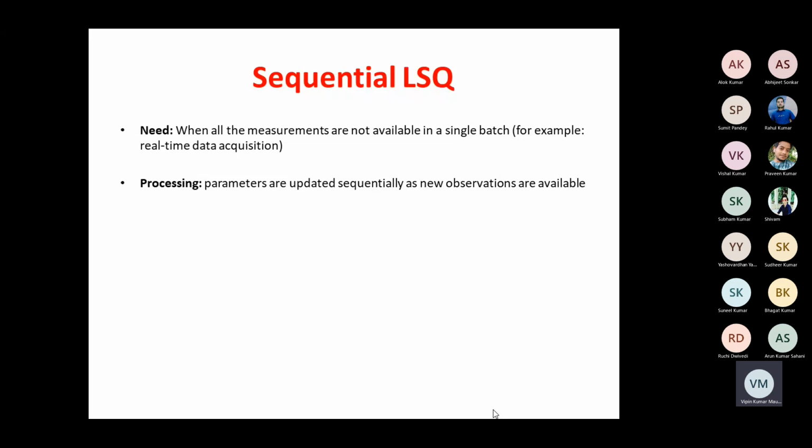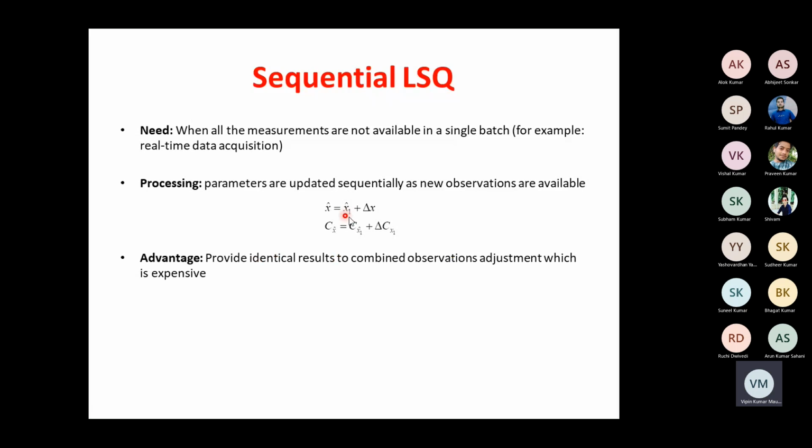Previously, we had the estimated x1 cap. Next time, when you get the new observations, you process them, and you get delta x. So x2 will be x1 plus delta x. So we have to compute that delta x. You can see x1 was the previous estimate.